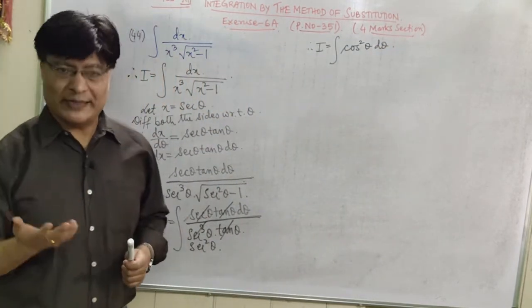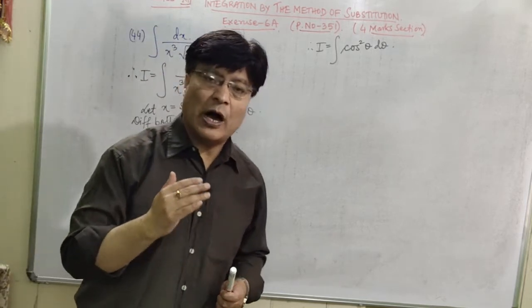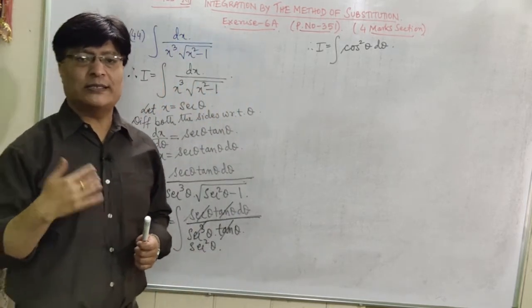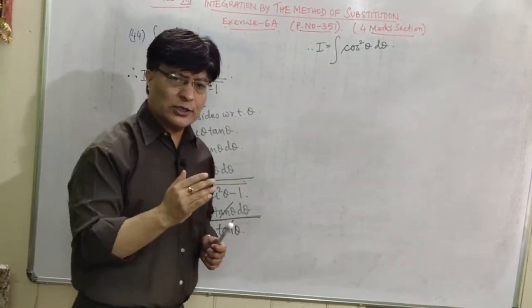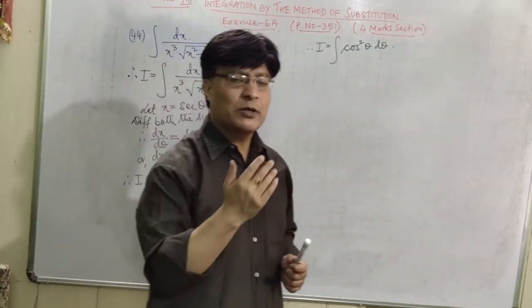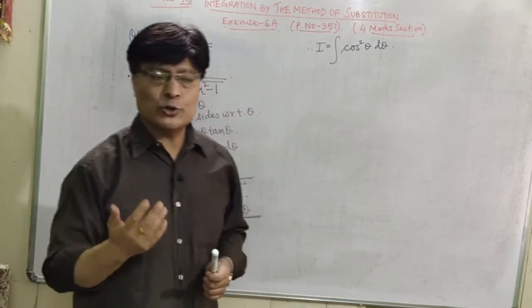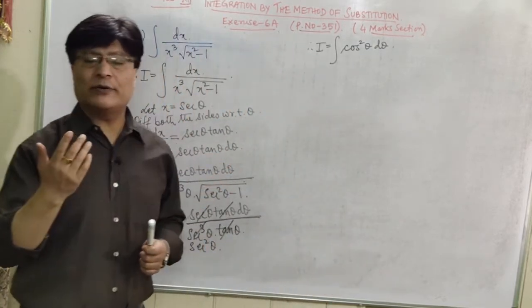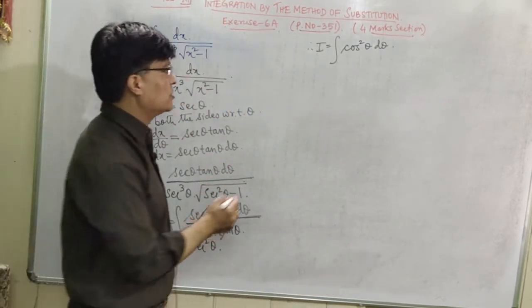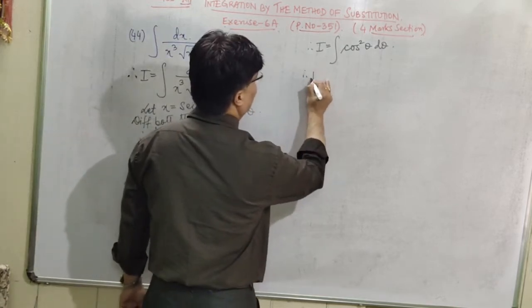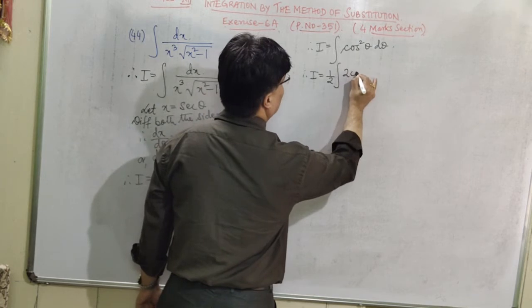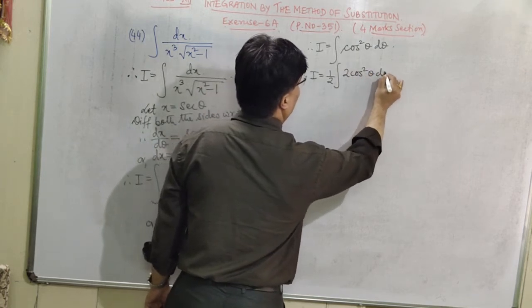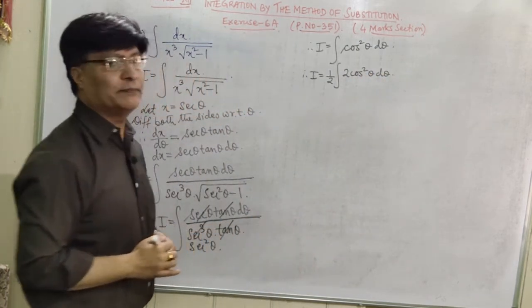So I told you the method of how to integrate cos square theta and sin square theta. If it is the integration of cos square theta or sin square theta, you should multiply and divide by 2 so that we can convert it into multiple angles. So that is half integration of 2 cos square theta d theta.